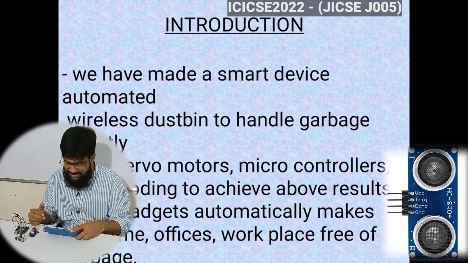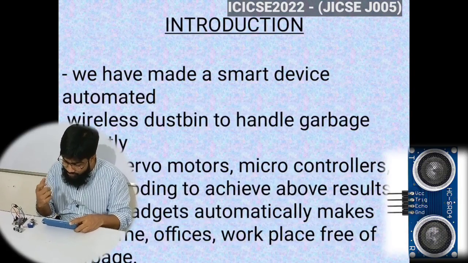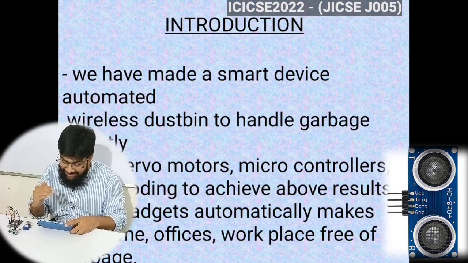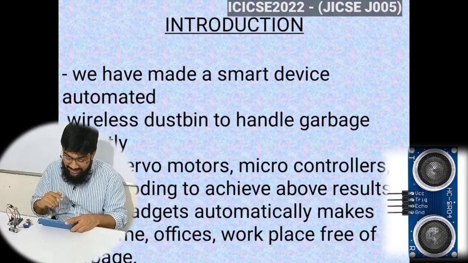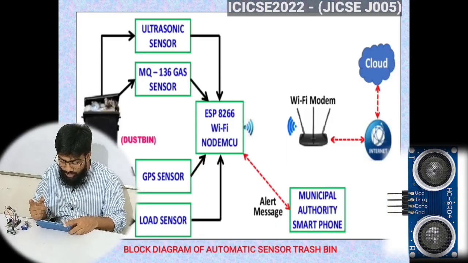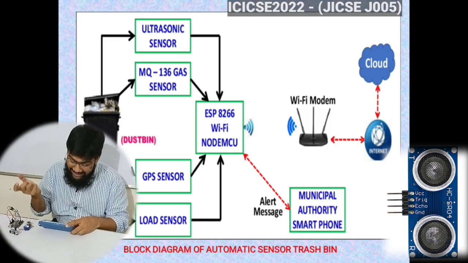The very next thing is the ultrasonic sensor which we place inside the bin, to check the level of the garbage. If it's getting filled up, then the ultrasonic sensor, in coordination with the GSM module, sends a message to the municipal authority that the garbage is full.